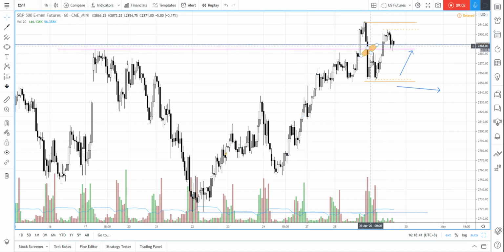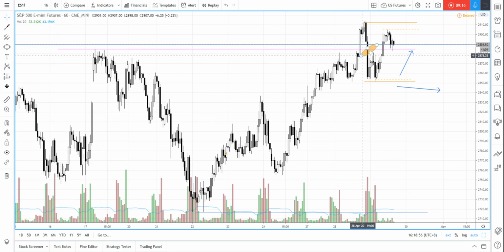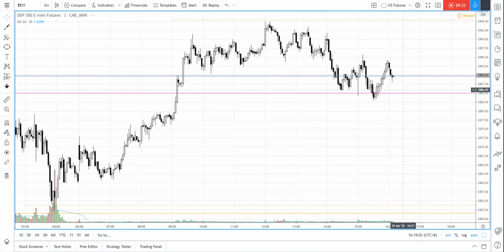As I highlighted here, once it breaks below the swing high, then you can commit your position. However, as I day trade the S&P 500, the time frame that I'm usually in is M3 or M5. So let's just look at M3 here.